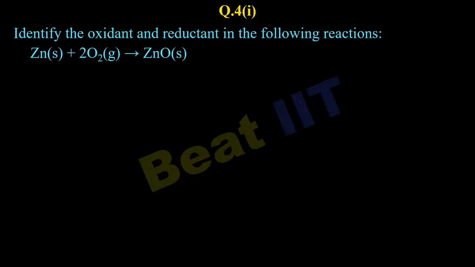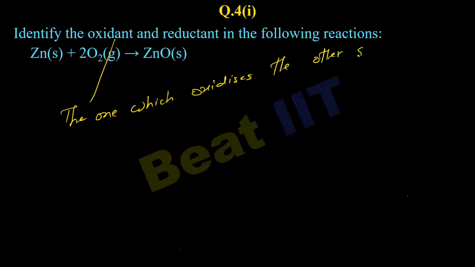Identify the oxidant and reductant in the following reactions. Oxidant means the one which oxidizes the other substance. It means it gets reduced itself.